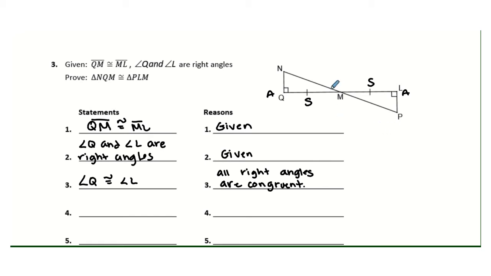Well, can't I say that this angle is congruent to this angle because they're vertical angles? So we can say that angle NMQ is congruent to angle PML, and that is by the vertical angles theorem.